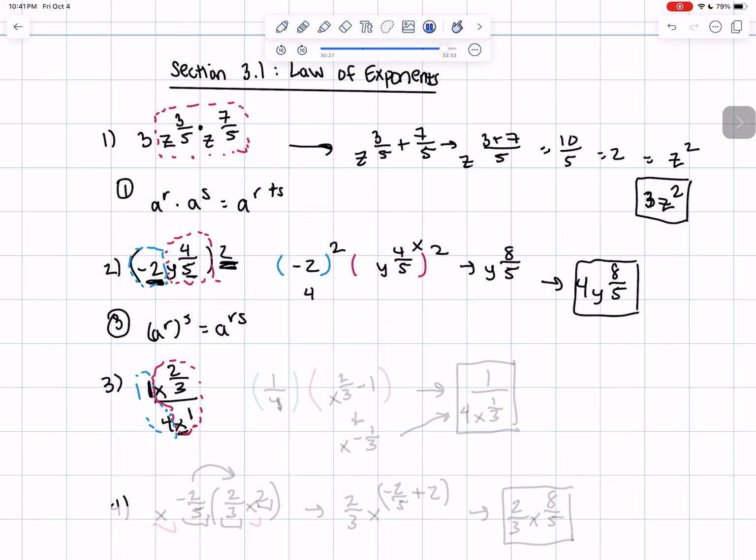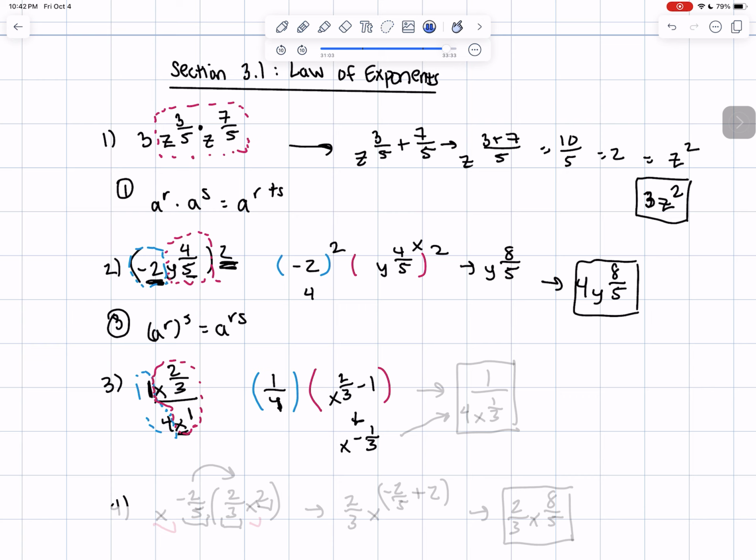So I have 1/4 here. And then I'm going to have the other guys on the other side. Since we have the same x variable again, it's just going to be x. And then we're going to do 2/3 minus 1, because we're subtracting, remember? What's 2/3 minus 1? Well, that's negative 1/3.